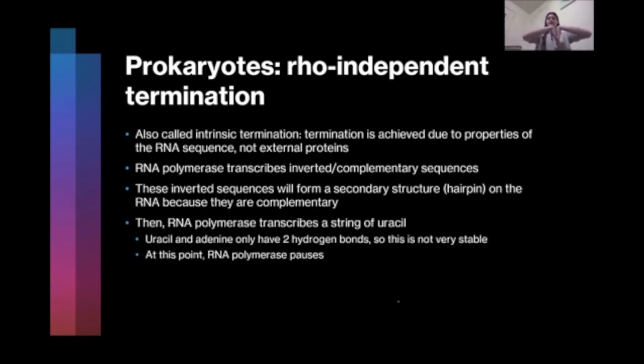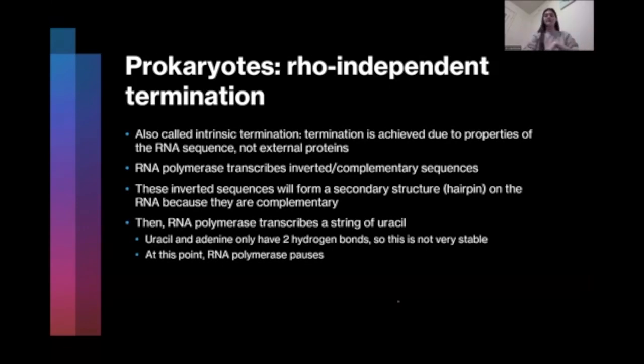After they've bound, RNA polymerase is going to continue on, and it's going to transcribe a string of uracil. So our adenines are on the DNA, and it's going to transcribe a string of uracil. Uracil and adenine only have 2 hydrogen bonds each, and that's not very stable. So we have this hairpin that's here, and then we have this string that's not very stable.